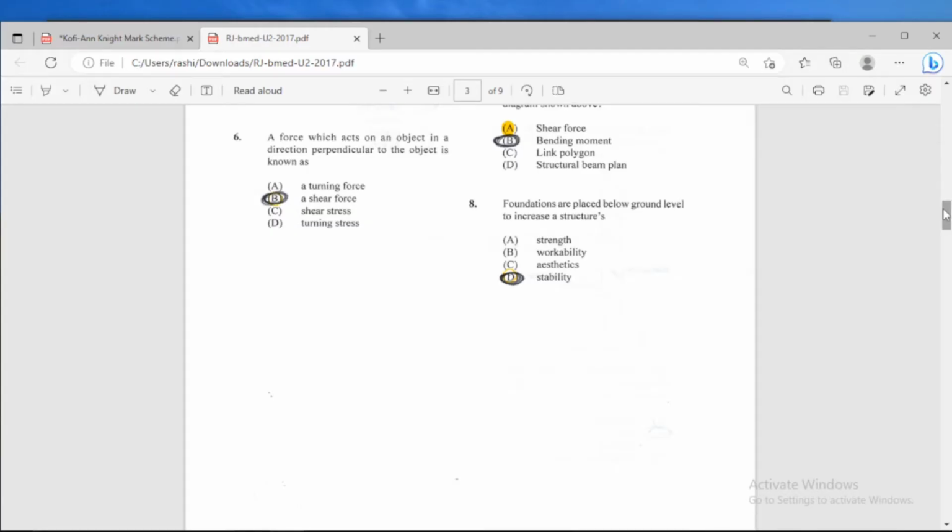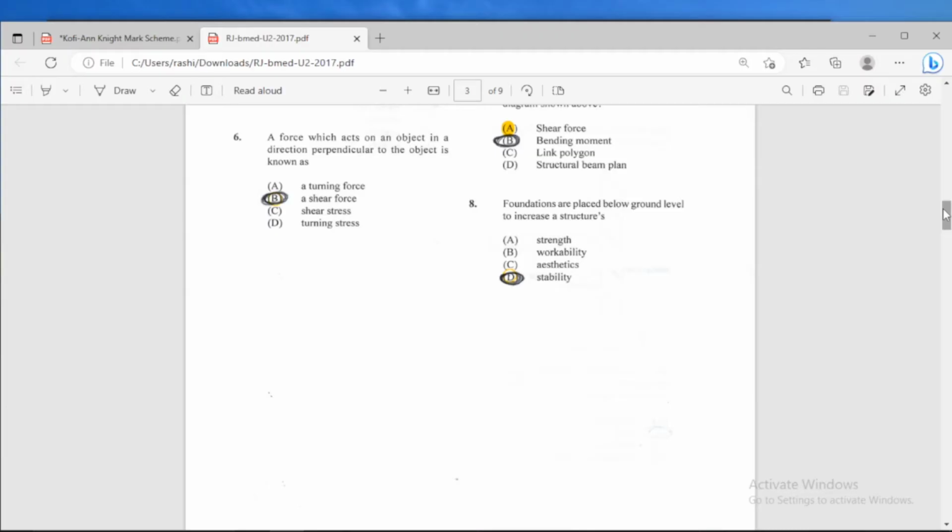Alright, so now we move on to question 8. Question 8 says, foundations are placed below ground level to increase a structure's, is it strength, workability, aesthetics, or stability? Now, aesthetics, we can take that right out. It wouldn't be aesthetics. Nobody's seeing the foundation for the most part, depending on the type of foundation actually, but for the most part, you'll not be seeing the foundation. Which means that C is out.